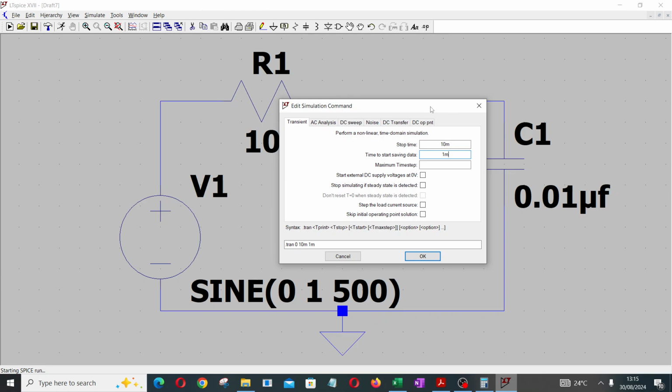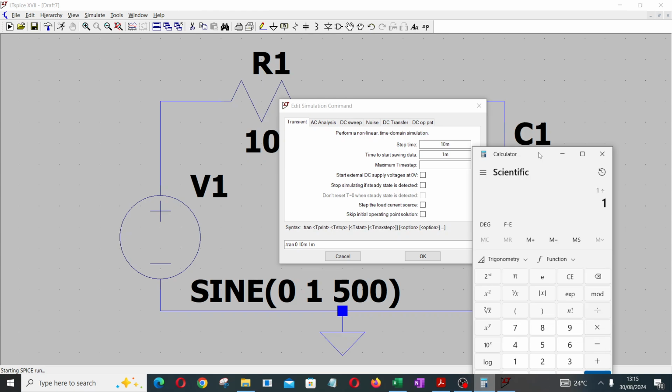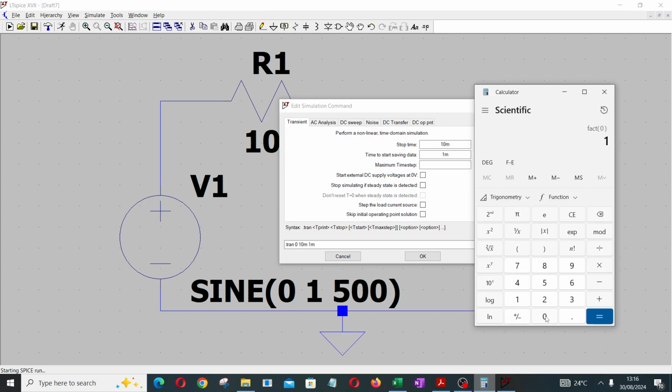If you punch your calculator, 1 divided by 500 will give you 0.002, that's 2 milliseconds. Let me check. 0.00.